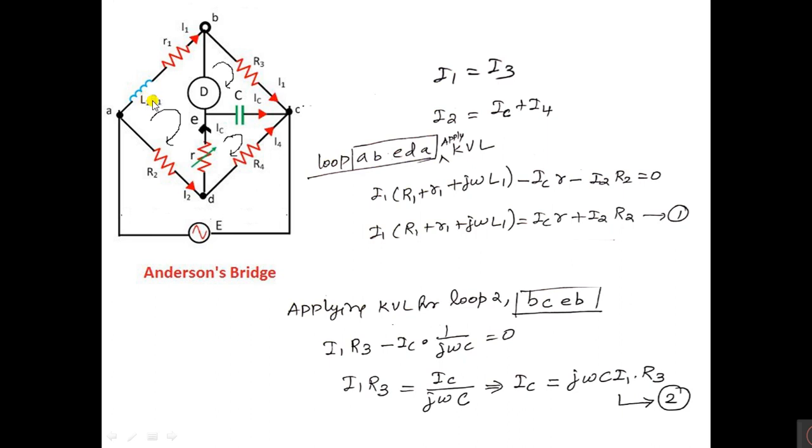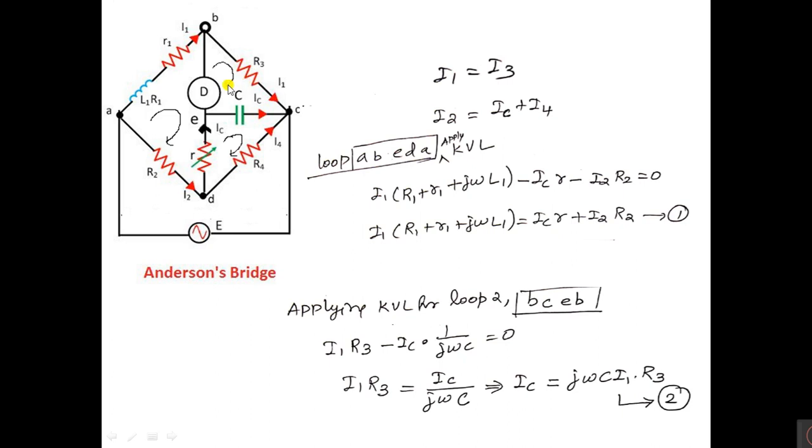The loop direction is opposite to the current direction of IC, so I put a minus here: minus IC R. Again I put a minus because the current flowing in arm 2 is opposite to the loop current direction, so minus I2 R2, equal to 0. Bringing these terms to the right hand side, I1 into R1 plus small r1 plus j omega L1 equals IC R plus I2 R2. That is expression number 1.